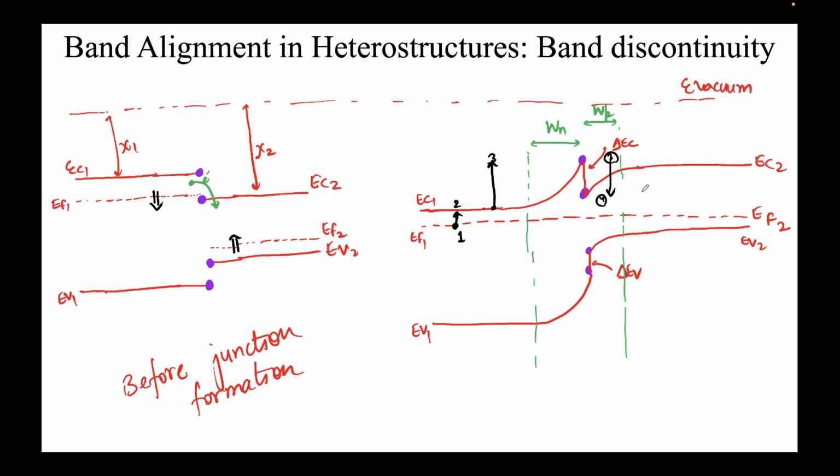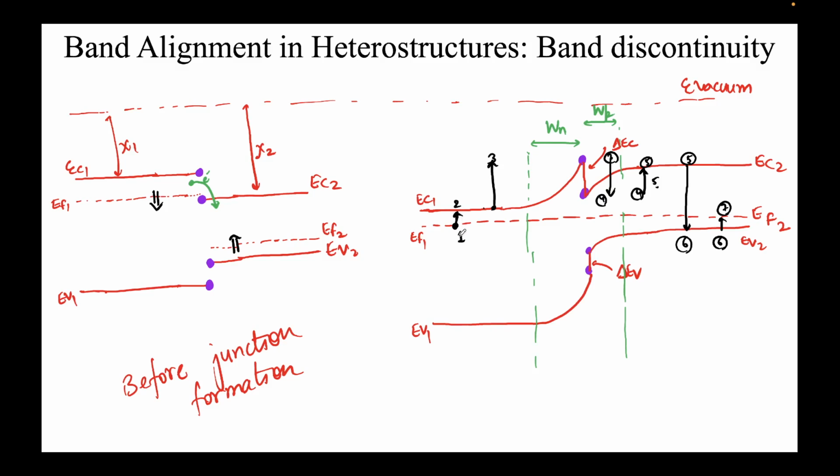Then you jump from level 4 to level 5, which is the built-in potential on this side, then from 5 to 6, and then from 6 to 7. From 1 you have to go to 7. What will be the difference? 0, because in equilibrium, the Fermi level is flat.